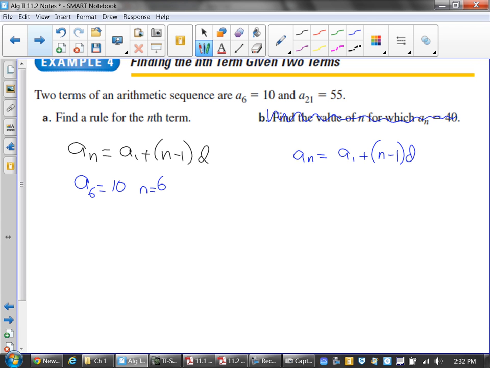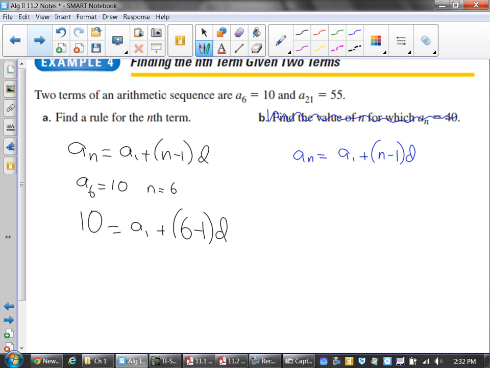Good. Okay, so can I substitute in those values? Yes. So 10 equals the first term plus 6 minus 1 times d.